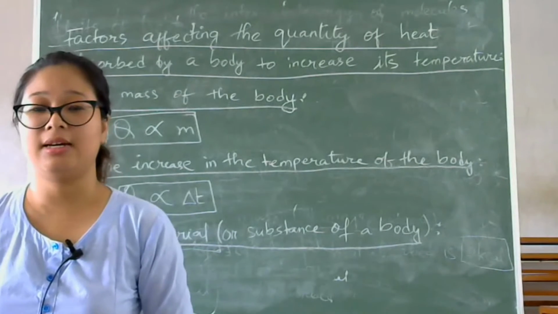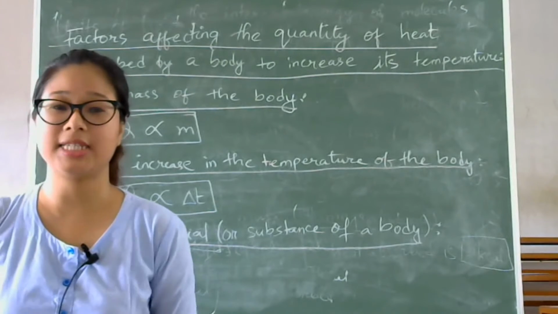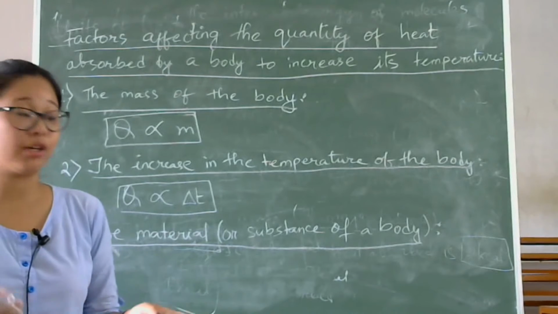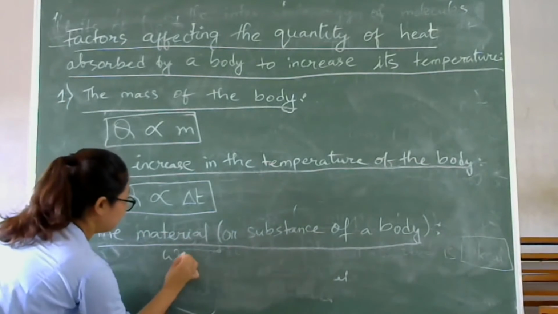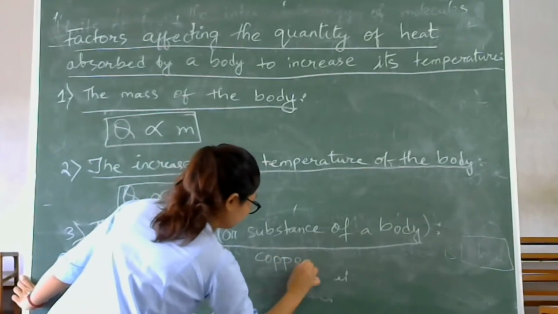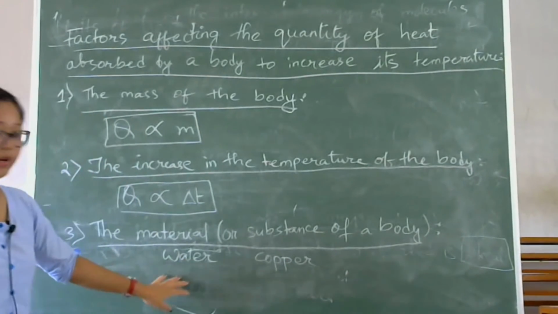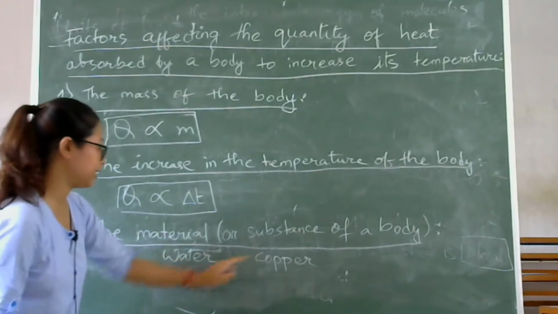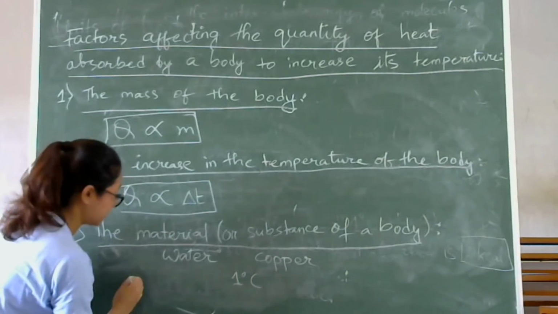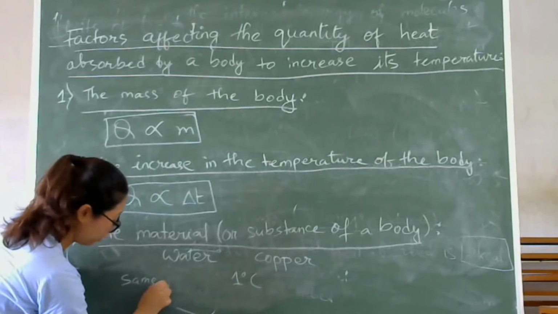Now, let me take one example. Let us consider two substances, water and copper. Now I want to raise both these substances by 1 degree Celsius. Let us take the same or equal mass.